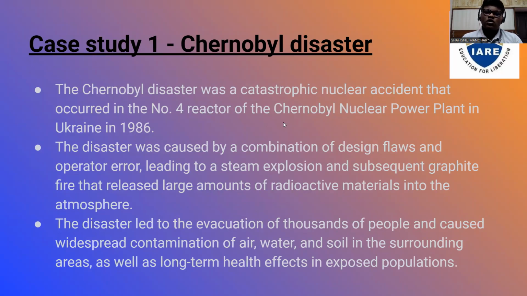The disaster was caused by a combination of design flaws and operator error, leading to a steam explosion and subsequent graphite fire that released large amounts of radioactive materials into the atmosphere. The disaster led to the evacuation of thousands of people and caused widespread contamination of air, water, and soil in the surrounding areas, as well as long-term health effects in the exposed population.